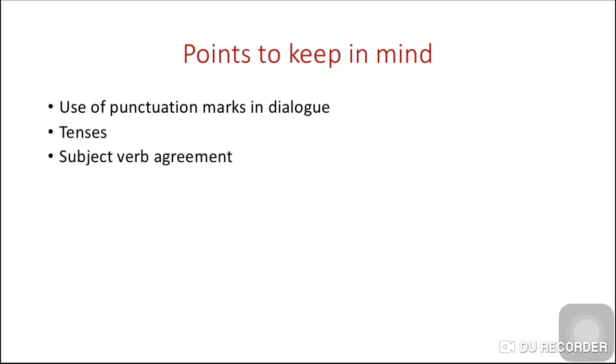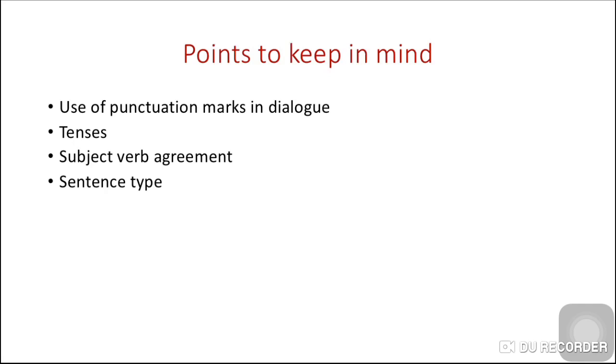The third one is subject-verb agreement. We should focus on the verb agreement, in what form the verb is, and how it should be written. And the fourth one is sentence type.